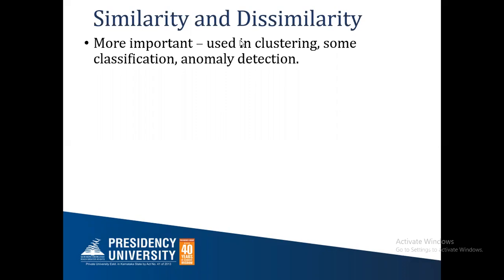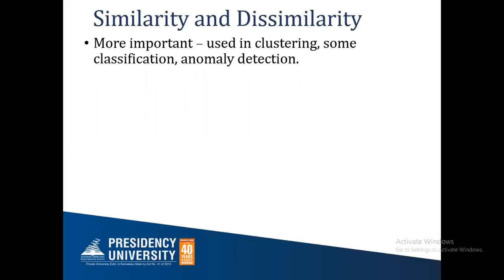Hello all. In this video, we will be discussing the similarity and dissimilarity measures in data mining. Like we have discussed in our classes, we need to first know the definitions of dissimilarity and similarity.